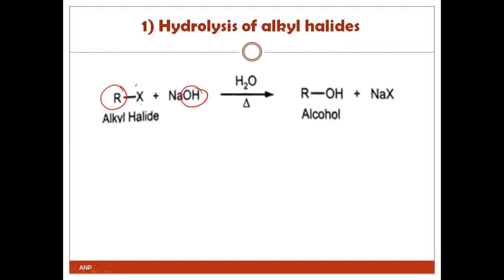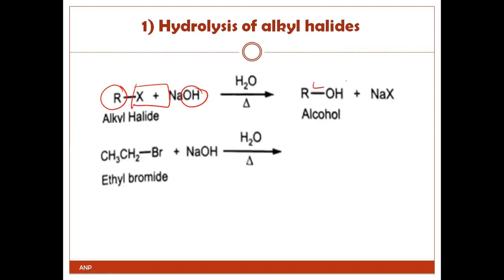This is the general reaction scheme. What will happen when ethyl bromide reacts with sodium hydroxide? Ethyl bromide gives ethyl alcohol and NaBr.